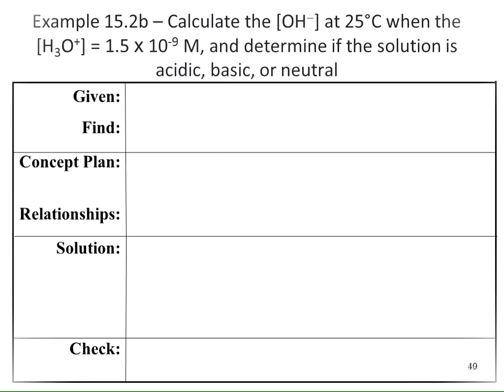Let's look at this example problem where they've asked us to calculate the hydroxide concentration at 25 degrees Celsius when the hydronium concentration is given as 1.5 times 10 to the minus 9th molar, and to determine if the solution is acidic, basic, or neutral. They've given us the hydronium concentration, and we need to find the hydroxide concentration.